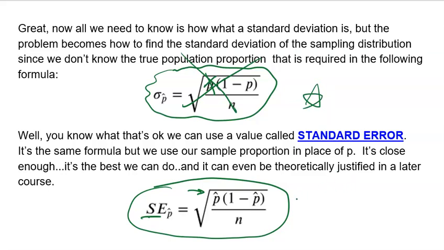So the standard error is the same formula, just replacing P with P hat. But because we're replacing P with P hat, we have to give it a new name called standard error. So when we take our sample proportion and toss a net up and toss a net down, we have to do it by 2.3263 standard errors instead of standard deviations.